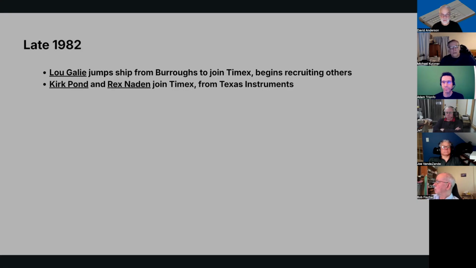Kirk Pond and Rex Naden were both from Texas Instruments. And Rex Naden was in charge of a fair amount of the manufacturing of the TI 99-4A. So he was already in the microcomputer industry.